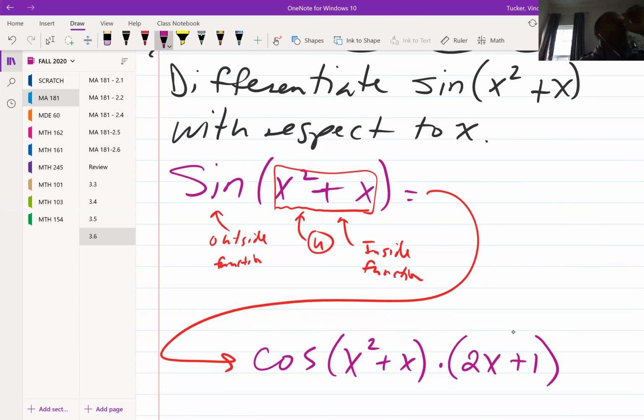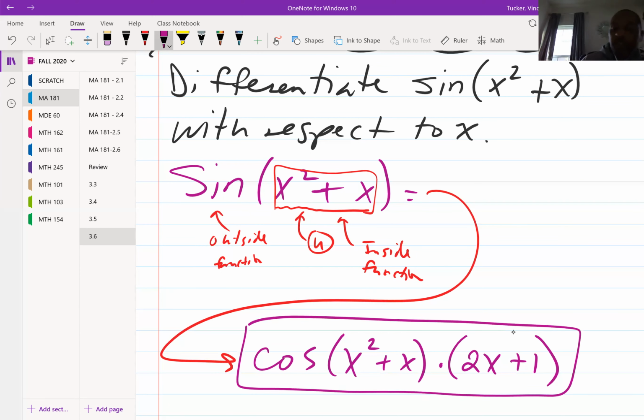So don't forget your power rule. You bring your 2 down in front of the x, subtract 1 from your exponent. So that's how we have 2x to the first power. And then your x, you bring 1 down front because all you have is 1 as your exponent, and then subtract 1 from that. That gives you 0, which cancels out your variable altogether. So that's why you have 2x plus 1. And there's nothing really more you could do to this to simplify it.